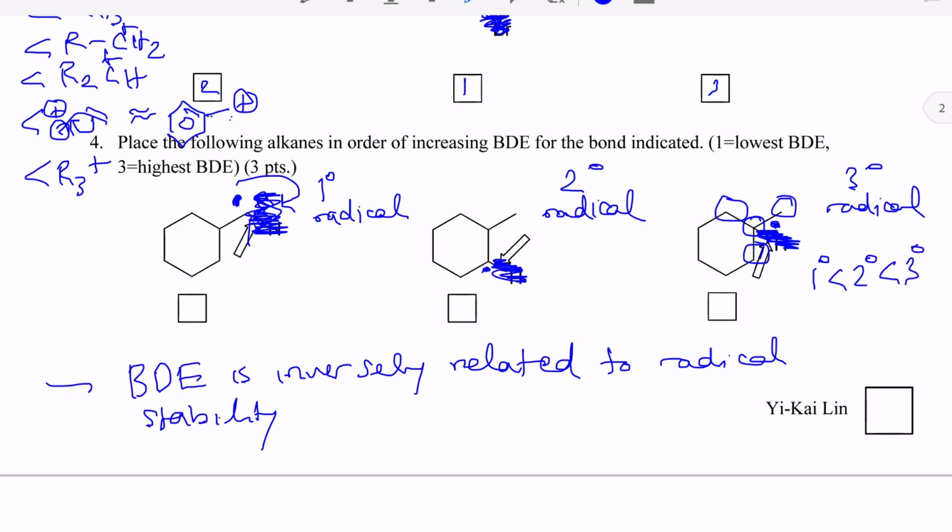From this principle, if the stability goes in this direction, then the bond dissociation energy has to go in the opposite direction, since they're inversely related. So basically, the tertiary radical would have the lowest bond dissociation energy, followed by the secondary radical, and lastly the primary radical. And this is our final answer for this question.